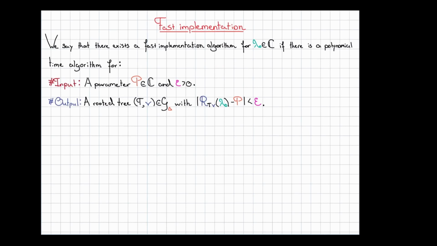We say that there exists a fast implementation algorithm if for any parameter p that you give me and any epsilon that you give me, the algorithm returns a rooted tree in the set of bounded degree graphs whose ratio is an approximation of that parameter. And we say that it is fast if this runs in polynomial time, where the polynomial is in the size of p and epsilon.